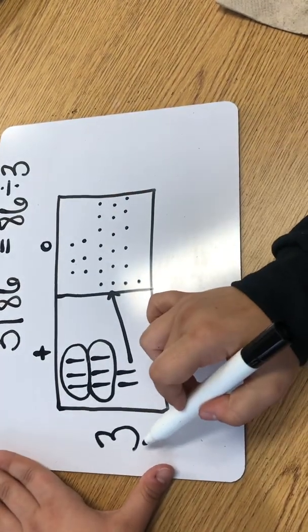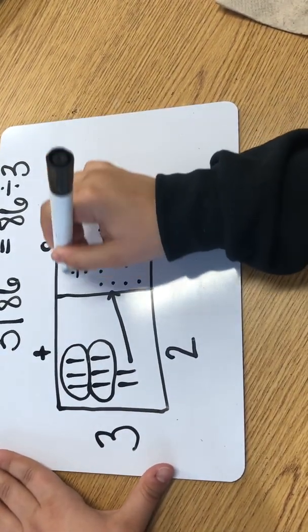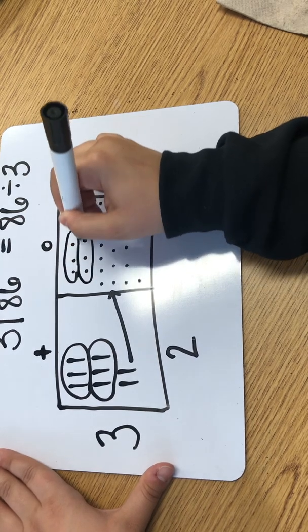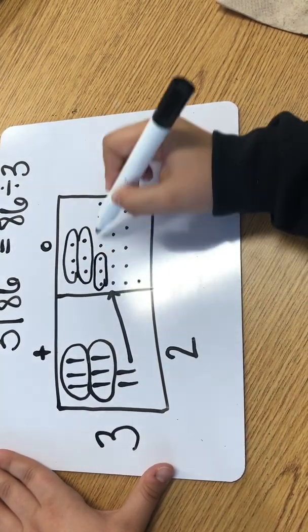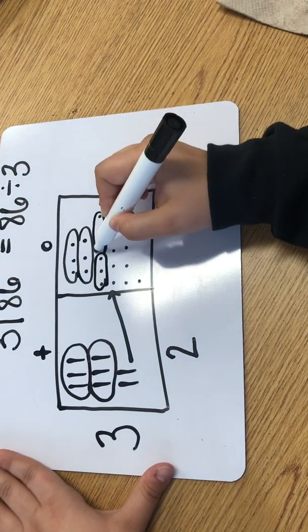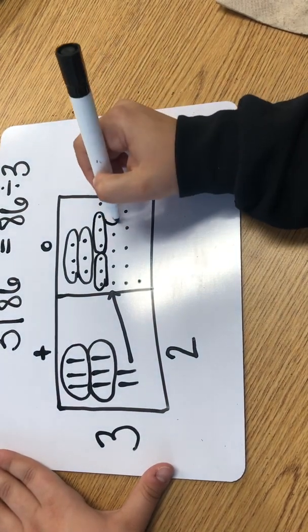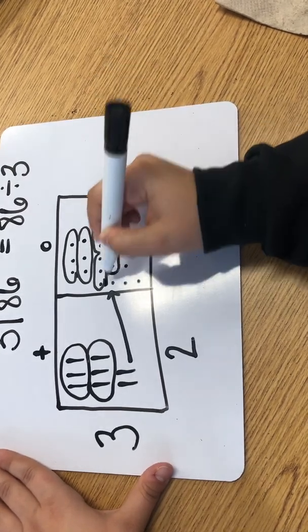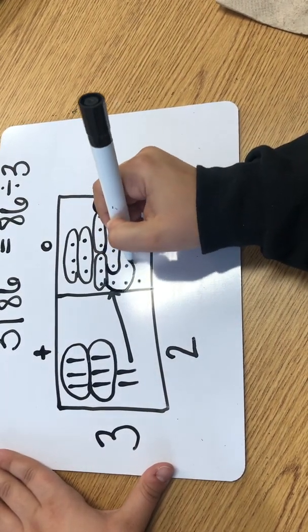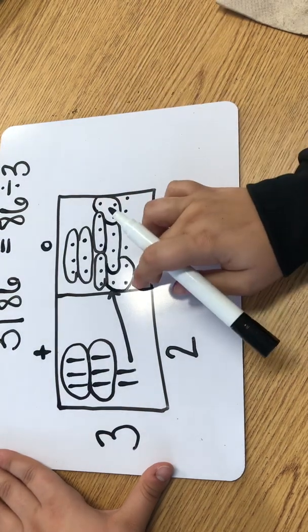I'm going to go ahead and make my groups of 3 again. So here's a group, 1, 2, 3, 1, 2, 3. I'll do these guys right here. I should have done that one. I'm going to move this guy over.